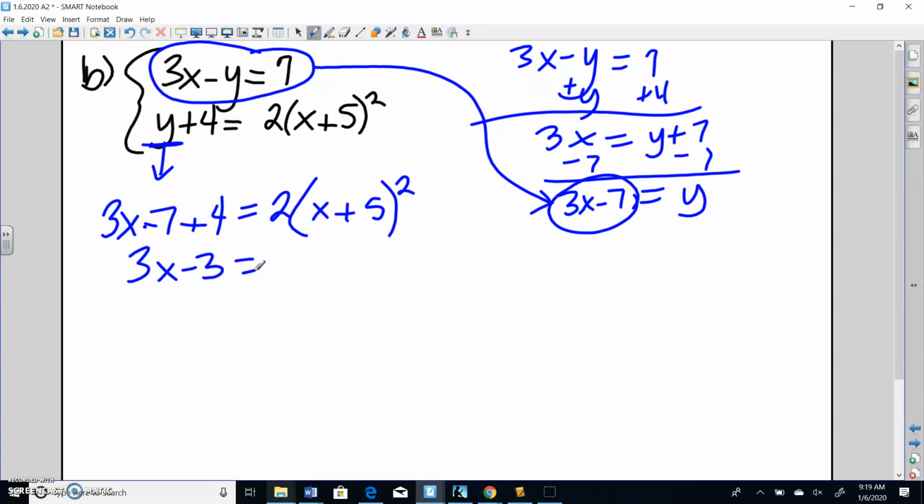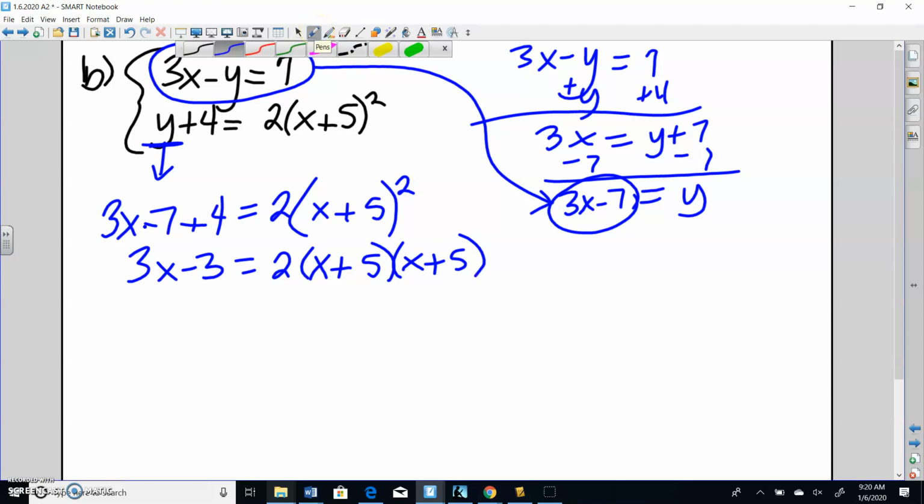And I have to simplify that x plus 5 squared in order to solve. So I'm going to write that as x plus 5 times x plus 5. And what's the key word that we talk about when we multiply two binomials? Multiply through, we call it foiling. Foil: first, outside, inside, last. So that's what we're going to do with this parentheses here.